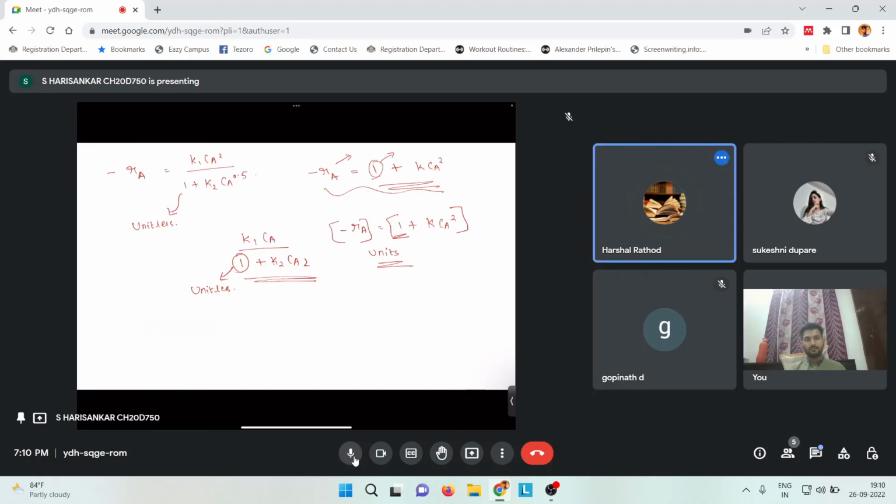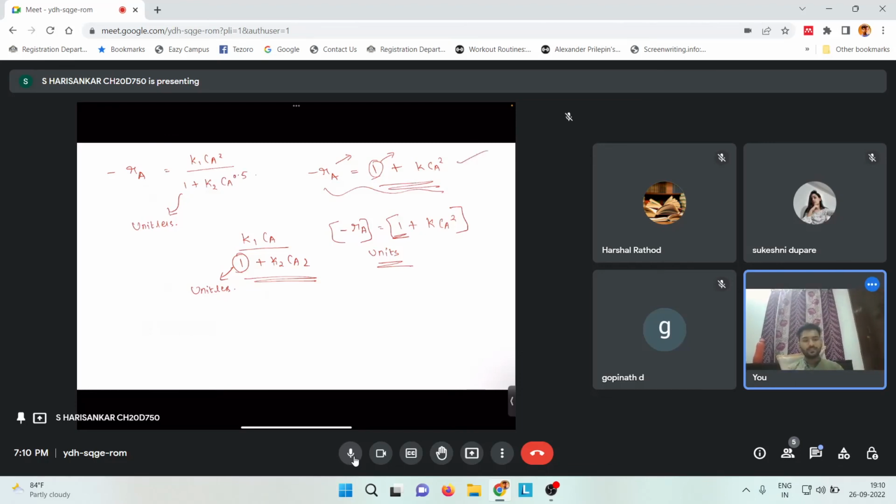Thank you, sir. Okay. So again, if you see any number in the denominator of a rate equation, that is basically unitless. Only if you see a number in the numerator, or if there is no denominator and then there is a number like in this case, then that number has a unit. You can apply the same concept here. The unit of this rate is mole per meter cube second.